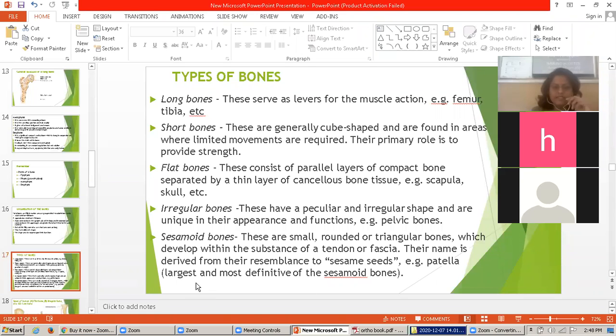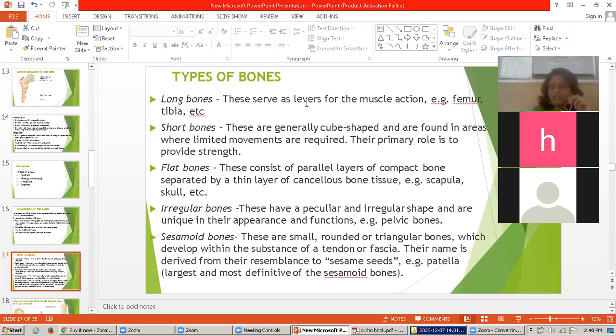Example, the patella, which is the largest and the most definitive of the sesamoid bones. So the patella is the largest sesamoid bone, small, rounded and triangular, developing in the substance of the tendon or the fascia. It is like a sesame seed.